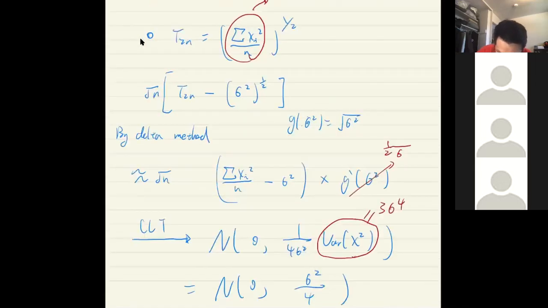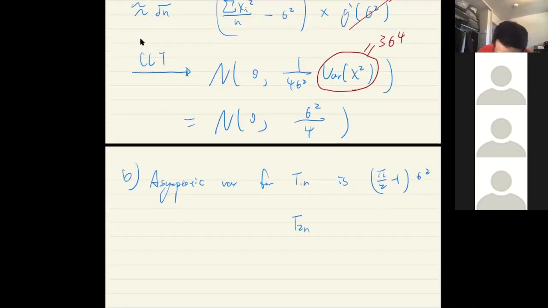And for T2n, this is approximately 3.14, so this should be 1.6 minus 1, so it's 1.6. So this one is greater, it's better.